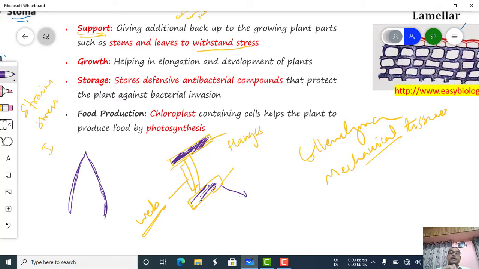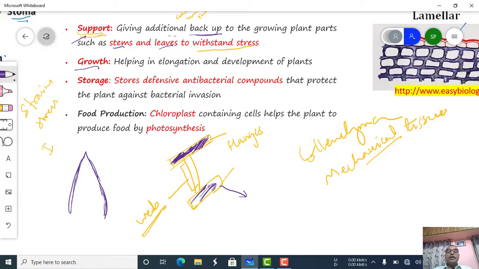In case of leaves, shearing stress, and in case of stem, extensibility type of stress is handled by this mechanical tissue. So support gives additional backup to growing plant parts like stem and leaves to withstand different types of stress.